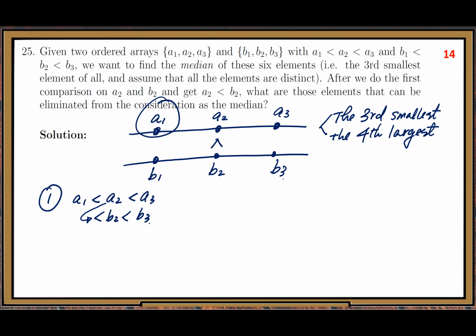Now let's draw the final order diagram, with the third position here. You find 4 elements greater than A1, so the conclusion is A1 cannot be the median.